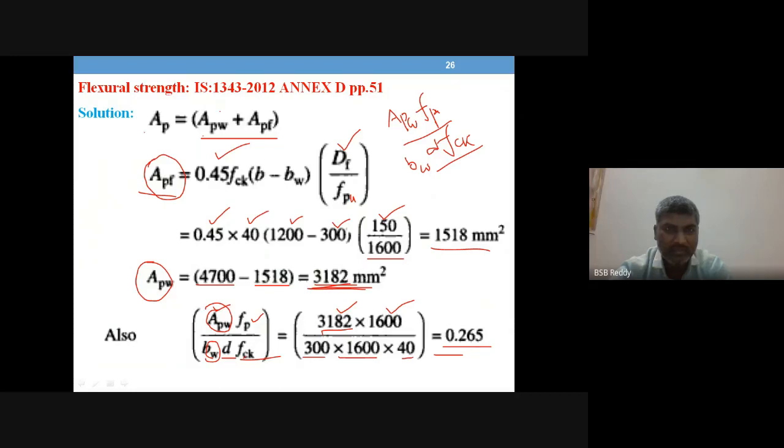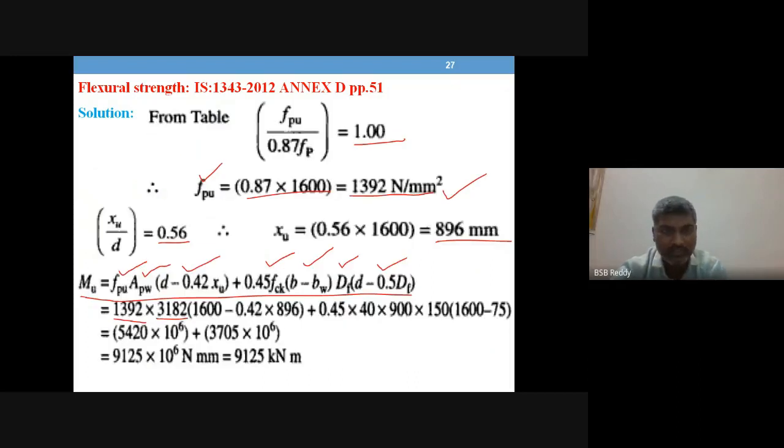Okay, APW is equal to AP minus APF. Right, so that is APW. D effective depth 1600, 0.42 XU, read from table 11 and calculated XU value 896, plus the moment of resistance from flange. This is moment of resistance from web.